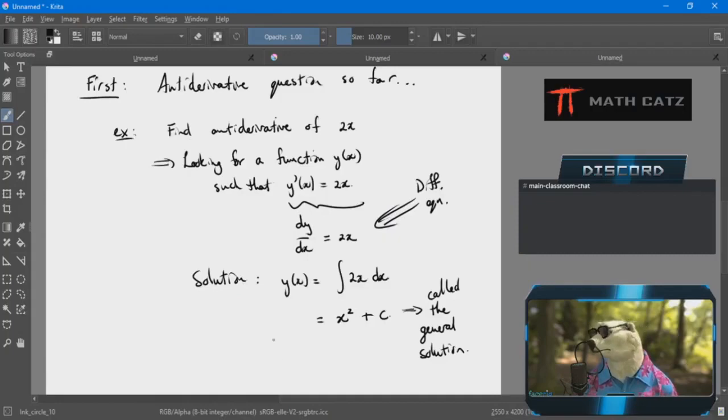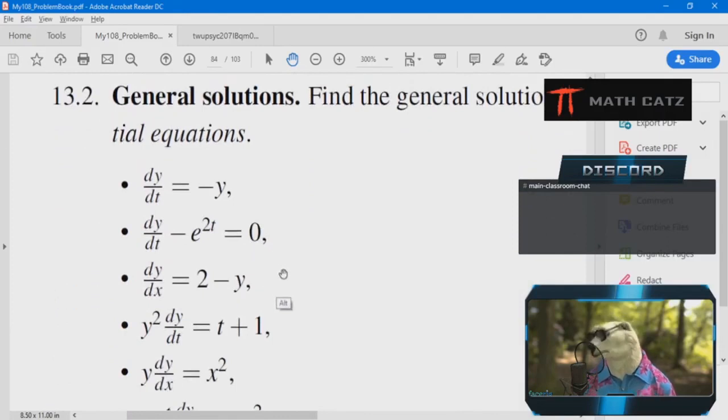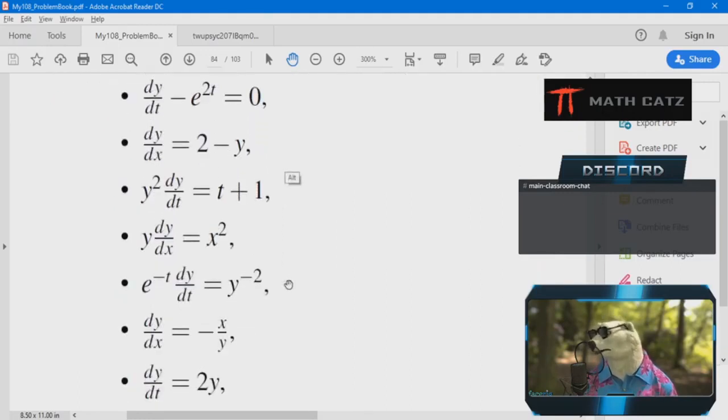So let's just see in our problems where they're asking for a general solution, how far we can get with this. If I look at this one, for example, dy/dt. Now I don't have an x variable, I have a t variable. I'm trying to mix them up because in our practical problems, the independent variable is time, and we'll use a t for that. But the concept doesn't change. dy/dt minus e to the 2t.